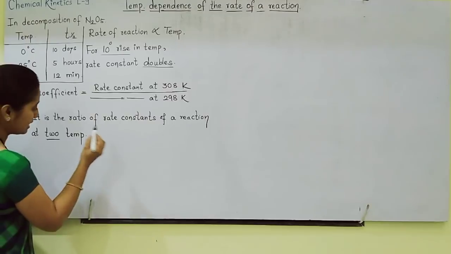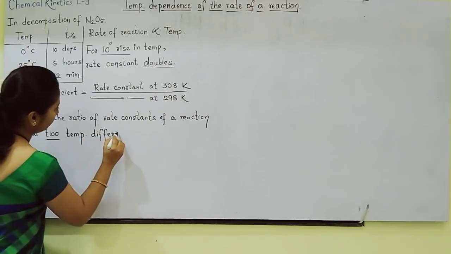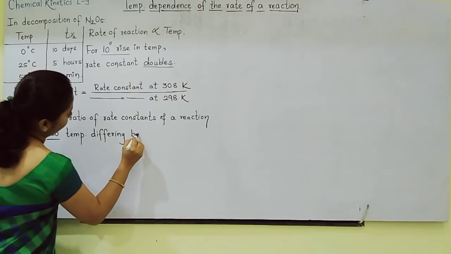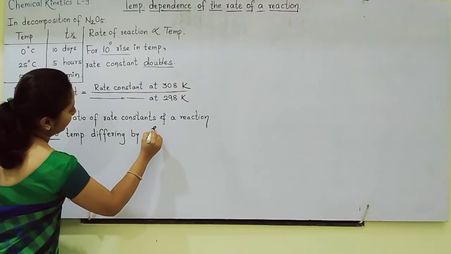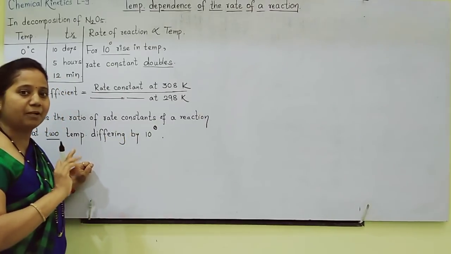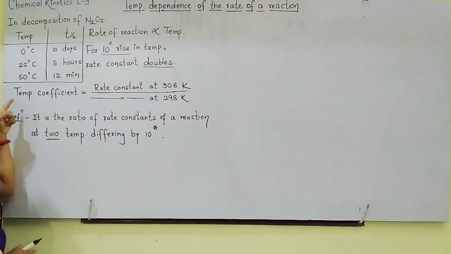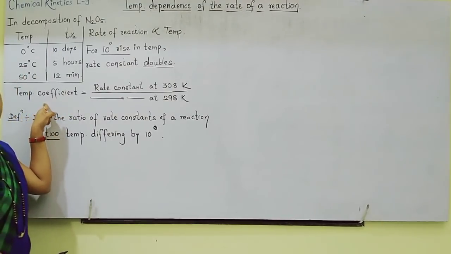Which two temperatures? Differing by 10 degree. Any two temperatures, but those two temperatures should differ by 10 degree. Then that ratio is called the temperature coefficient.